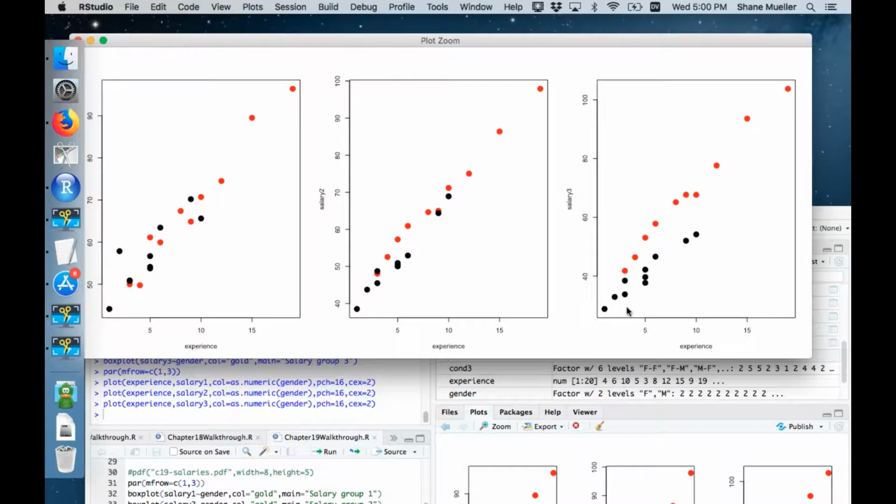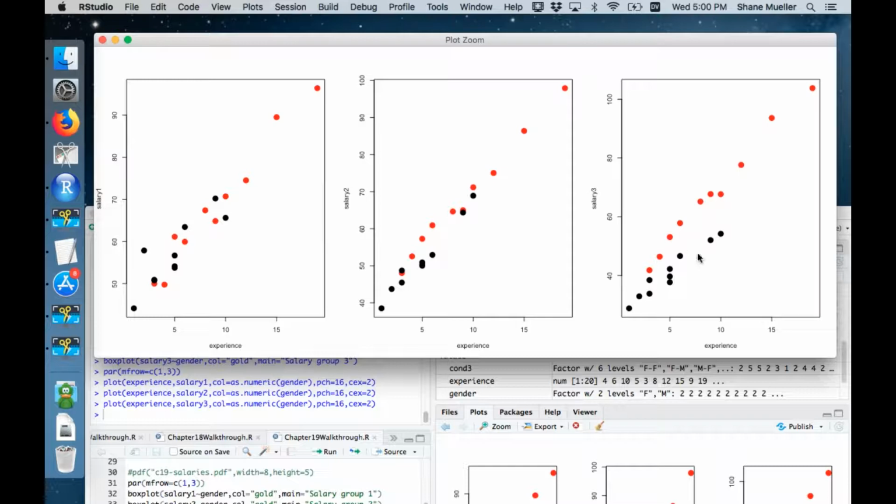So now it's as if for the same level of experience, men make more, and that difference increases over time. So this might even be worse: not only are women making less for the same level of experience, they're gaining less for every year of experience that they have.